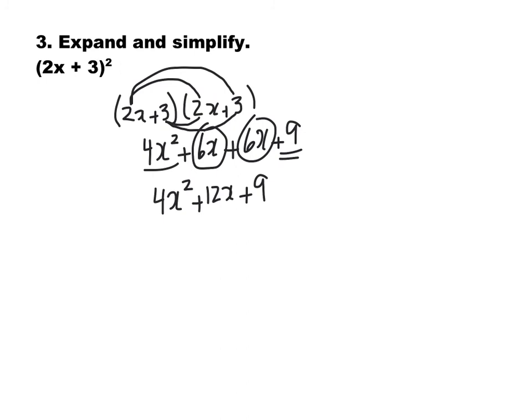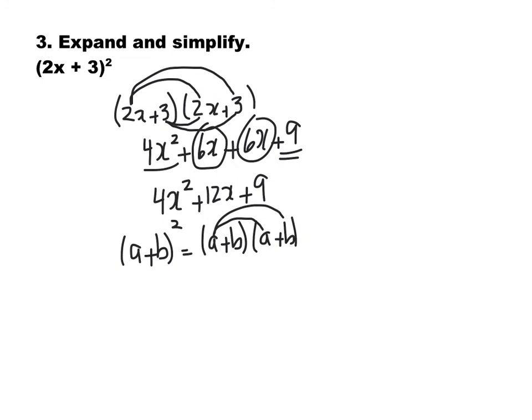Now in general, when you are trying to find a plus b squared, this is the same as a plus b times a plus b. Now if I do the multiplication again, a times a gives me a squared, a times b gives me ab, b times a gives me ba, b times b gives me b squared.